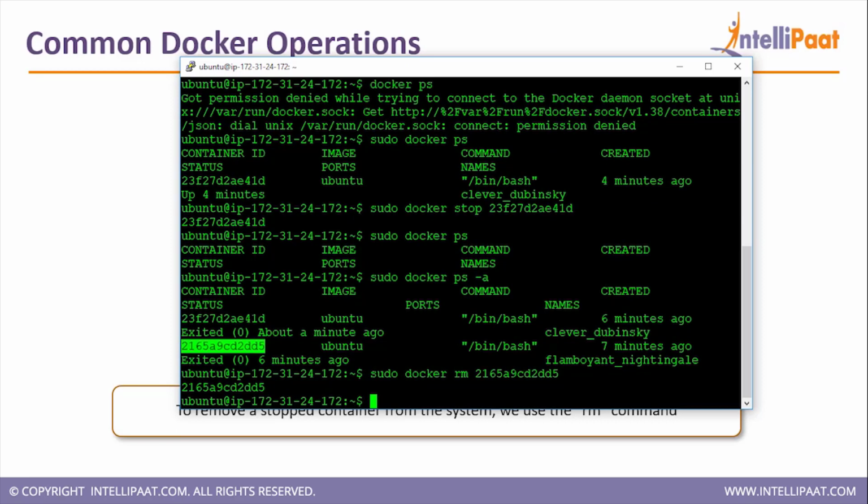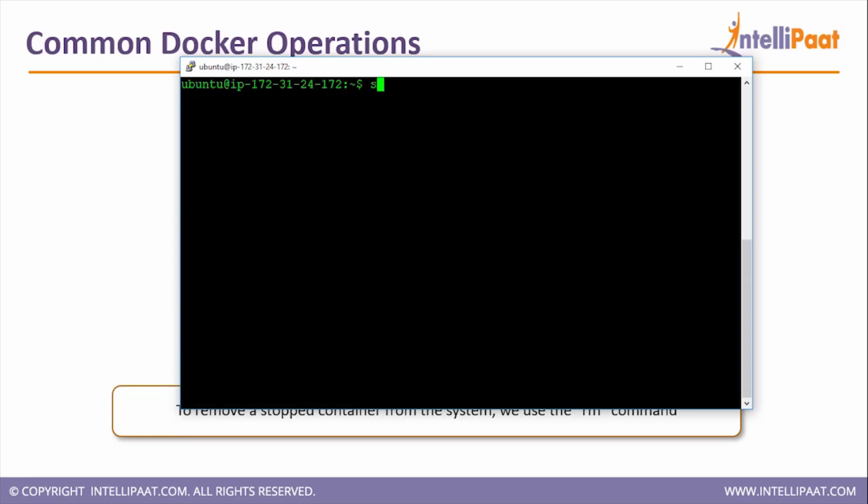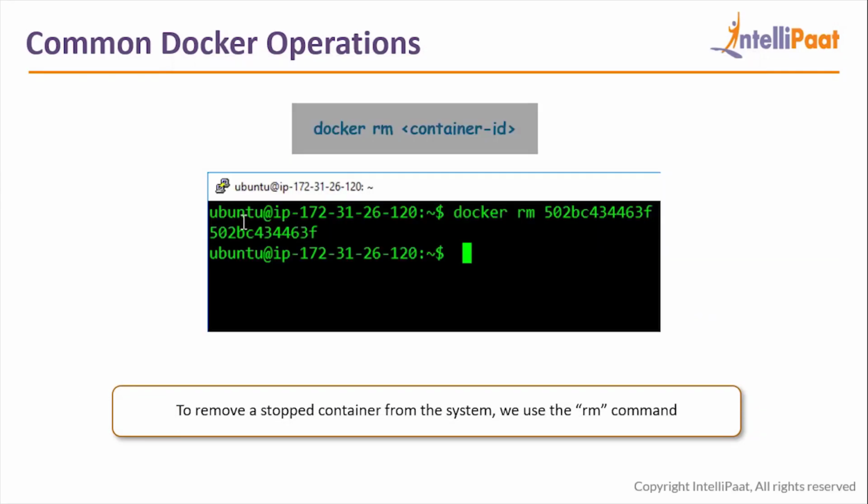So similarly, if I want to remove the second container as well, I'll just have to pass in the command sudo docker rm, the container ID, hit enter, and the containers will be removed. And now, let me just quickly clear the screen. Now if I pass in the command sudo docker ps -a, you can see there are no containers which now exist because we have just removed them from our system using the command docker rm.